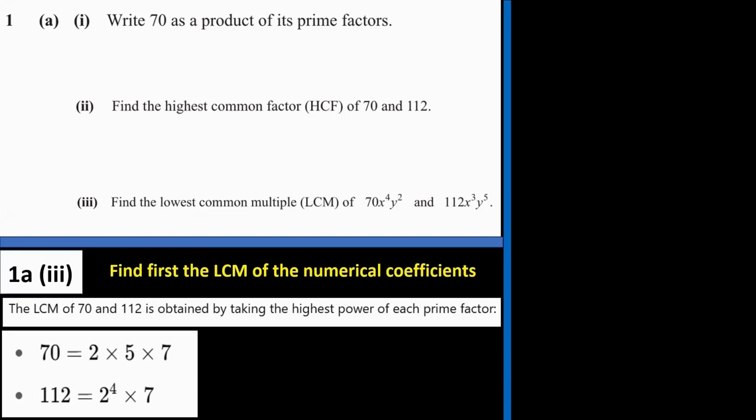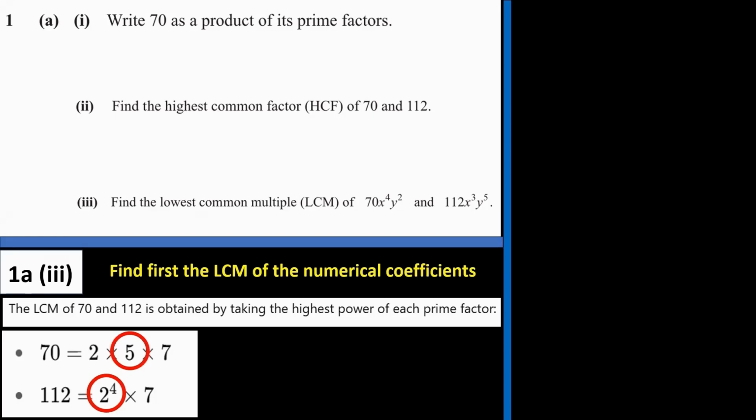Now we look at the highest power. When we pick 2, in 70 we have 2 to power 1, and in 112 we have 2 to power 4. Which of these has the highest index? 2 raised to power 4 has the highest index, and so we are going to pick that.